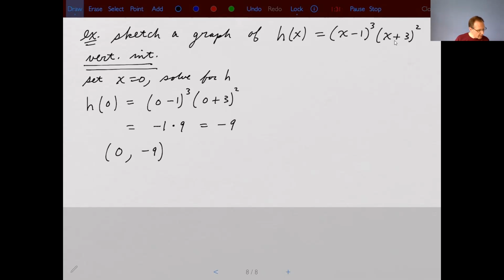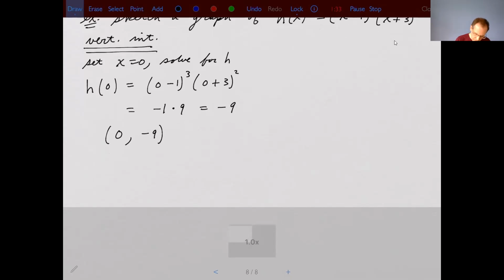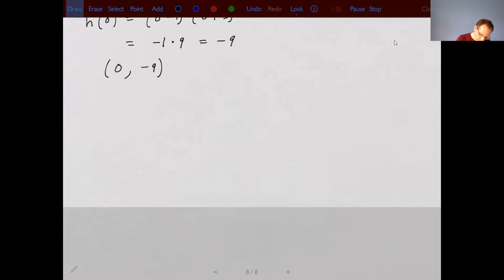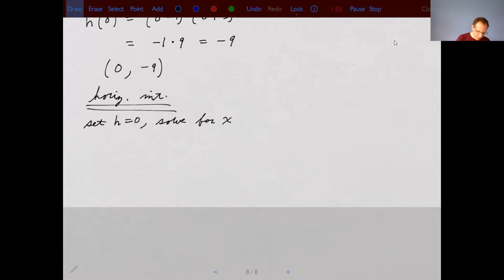Okay, horizontal intercepts. So in this case, I set h equal to 0, and I solve for x. So in other words, I'm going to set the entire polynomial equal to 0.